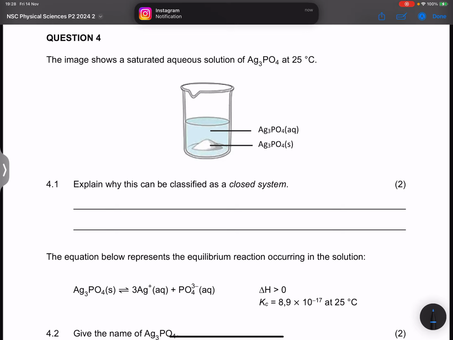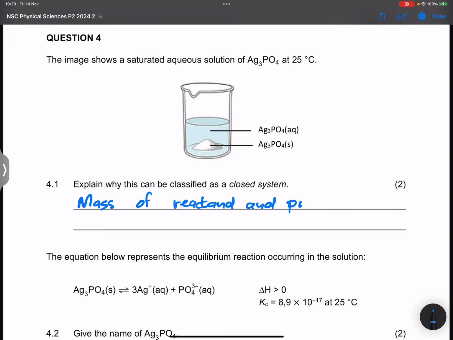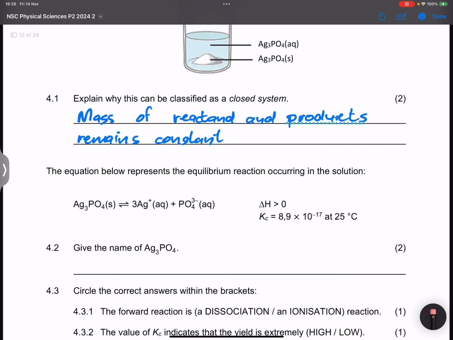So we can say that the mass of reactants and products remains constant. Or you can say the reactants or products cannot leave the system or cannot escape. That is also quite plausible. All right, let's go to the next one.